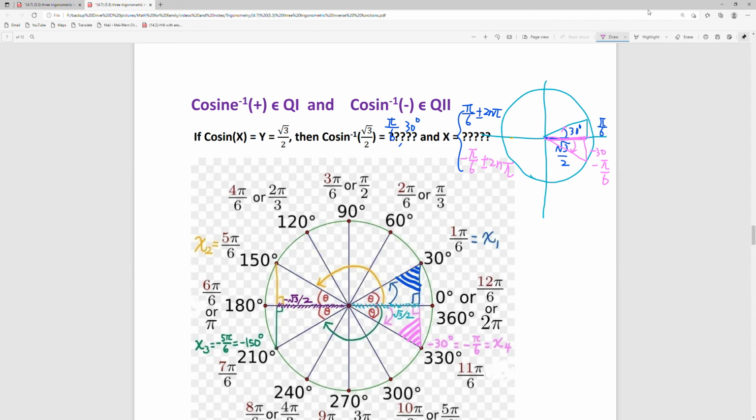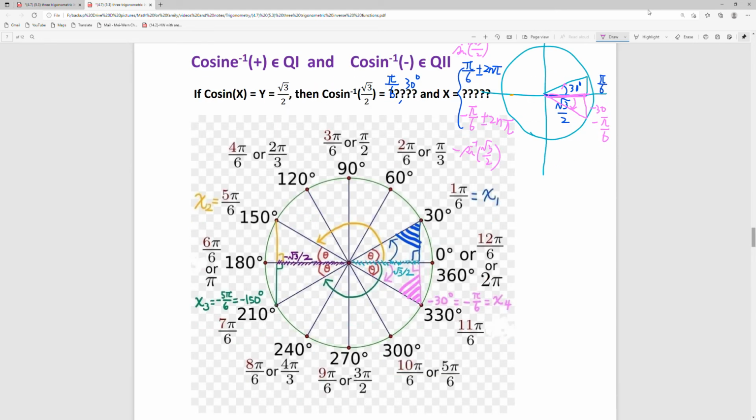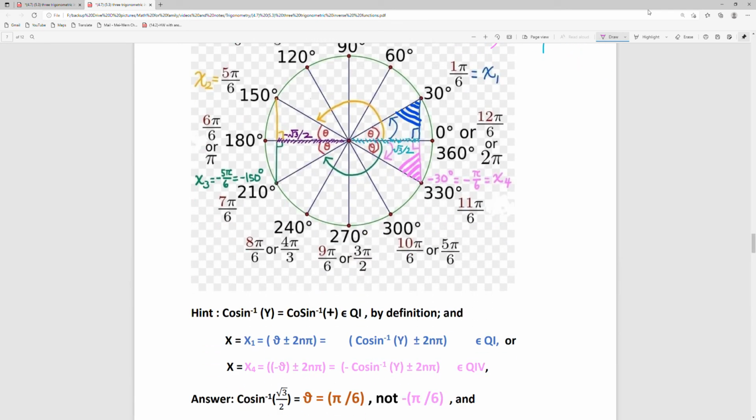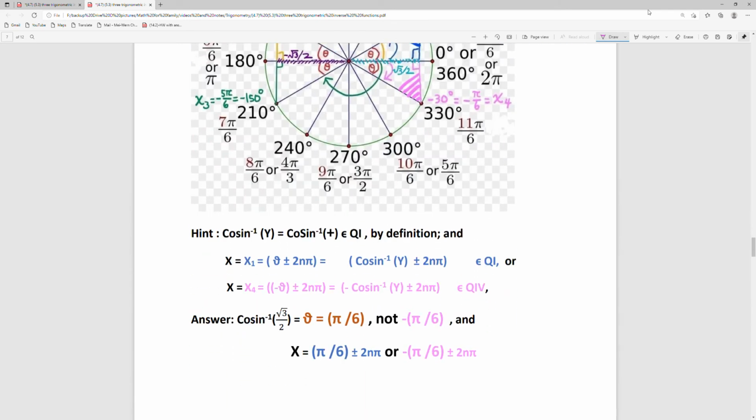If you want to make a formula, again, it's more complicated. You can say the formula is arcsine square root of 3 over 2, and this will be negative arcsine square root of 3 over 2. Not too hard, but it's okay. So I show you the formula.